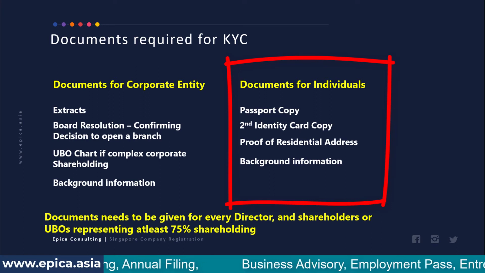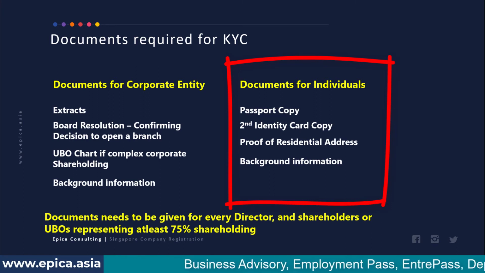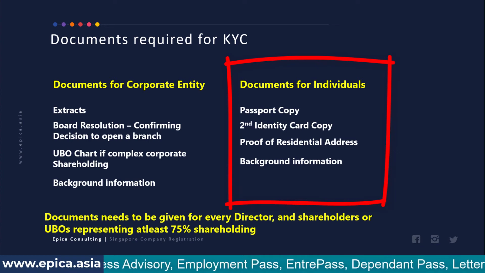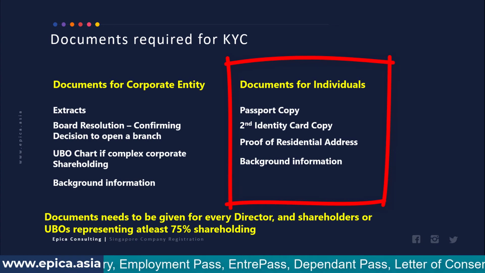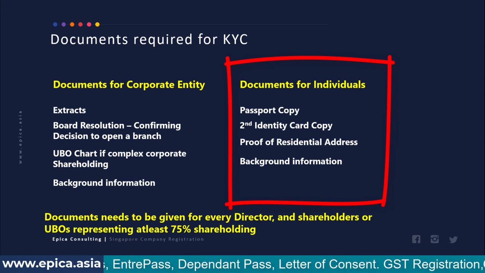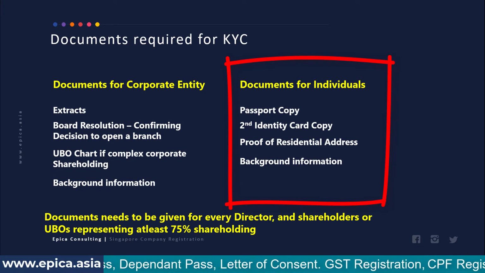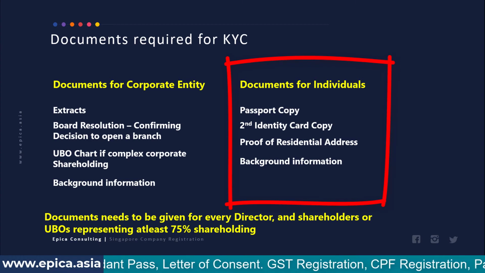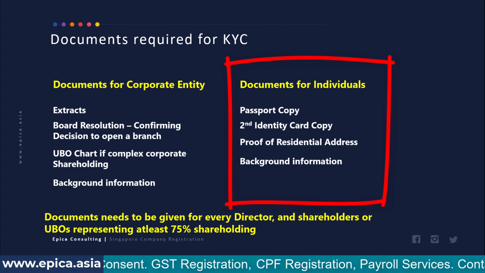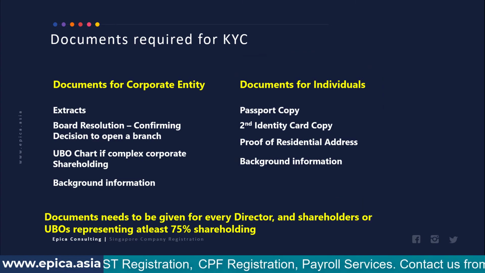The proof of residential address must be issued within the last 3 months and should be in the name of the person. For example, it can be a mobile bill or a utility bill. These individual documents need to be repeated for every director, shareholder and UBO constituting at least 75% shareholding.